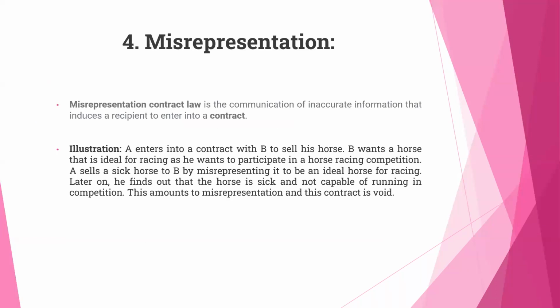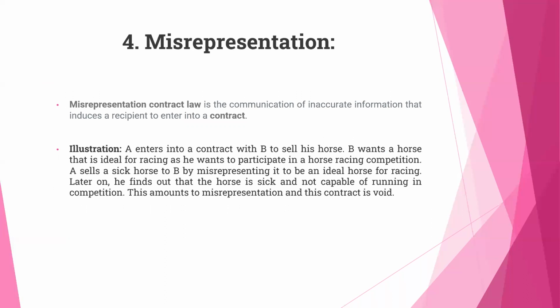Then the fourth one is misrepresentation. Misrepresentation, in contract law, is the communication of inaccurate information that induces a recipient to enter into a contract. For example, A enters into a contract with B to sell his horse.